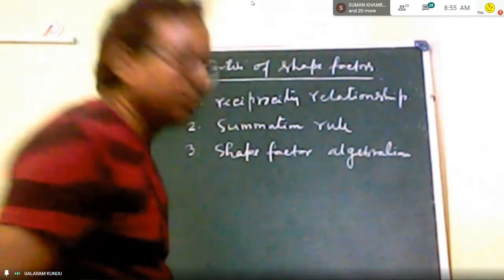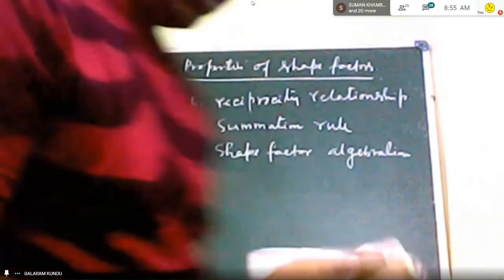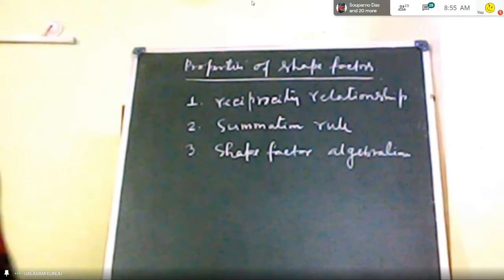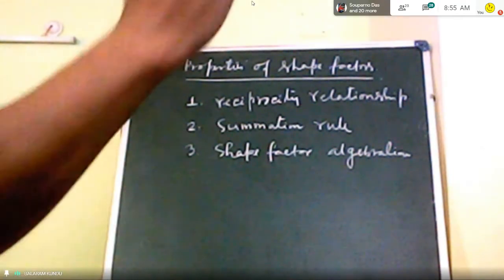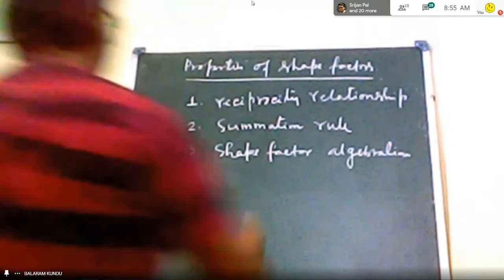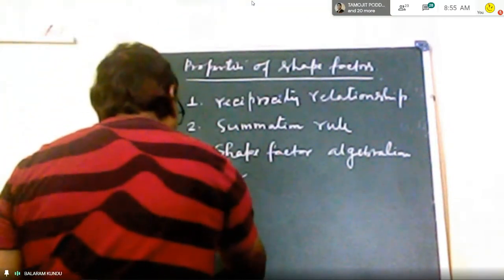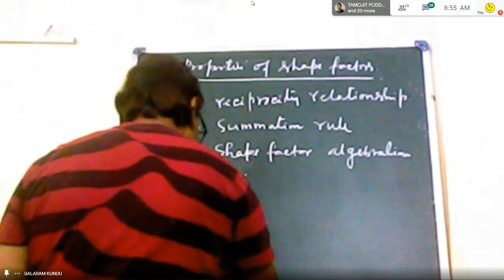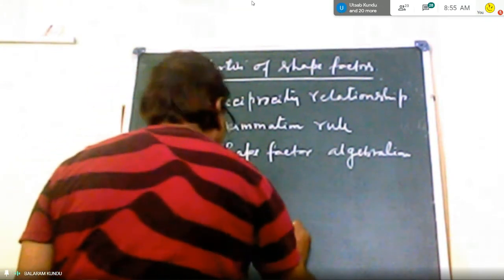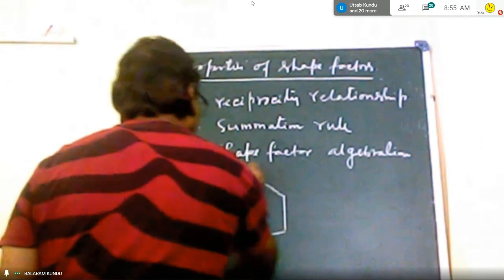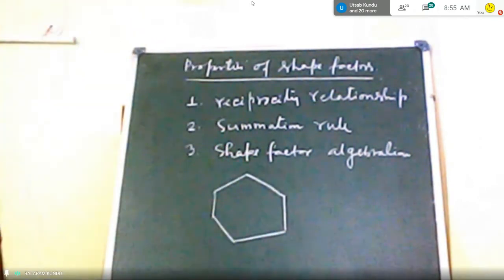So what is the summation rule of shape factor? To know that property, we have to consider one zone, a closed surface, with n number of surfaces here.